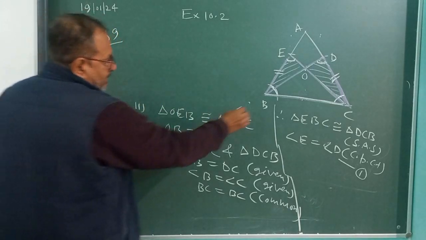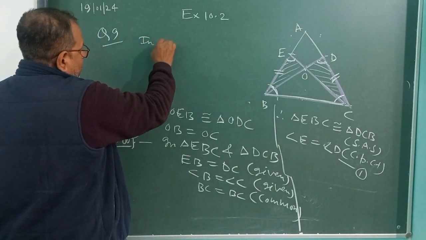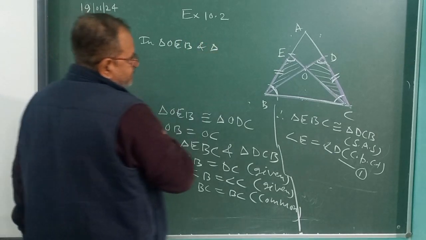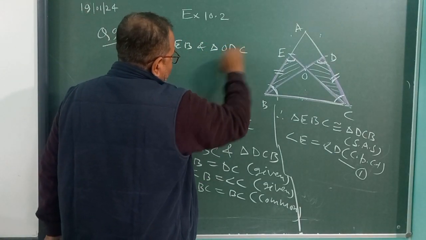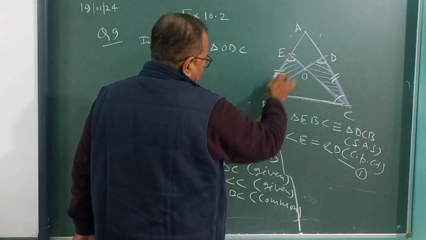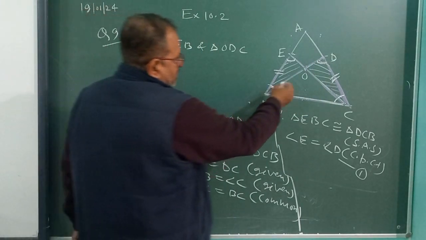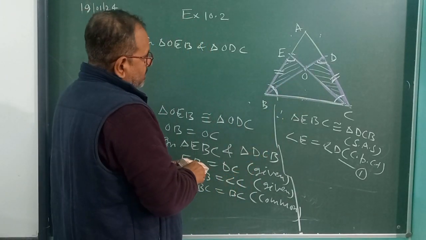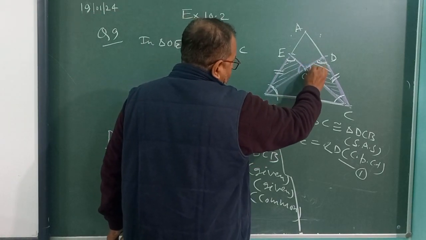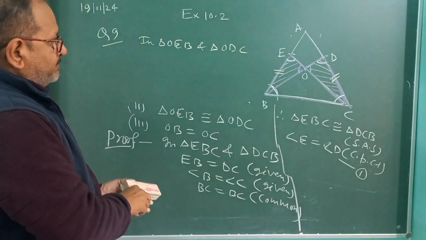Now take the triangle OEB and triangle ODC. OEB and ODC, prove it congruent. So these two angles are vertically opposite angles.